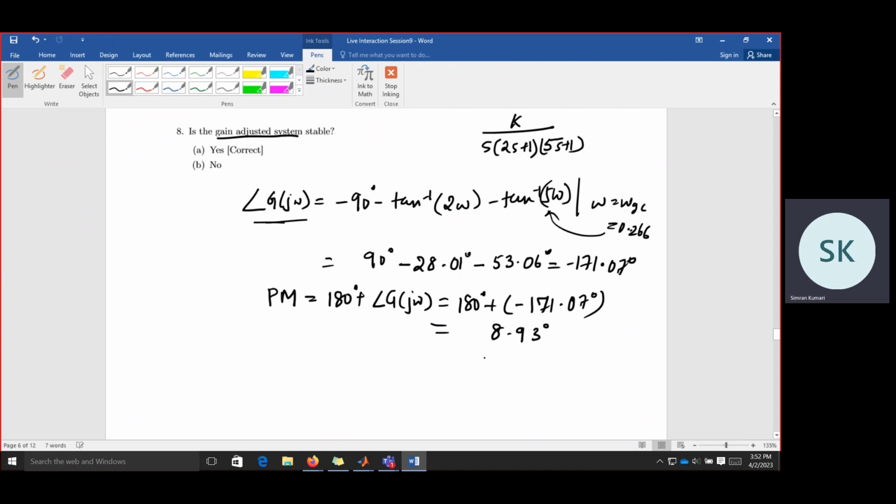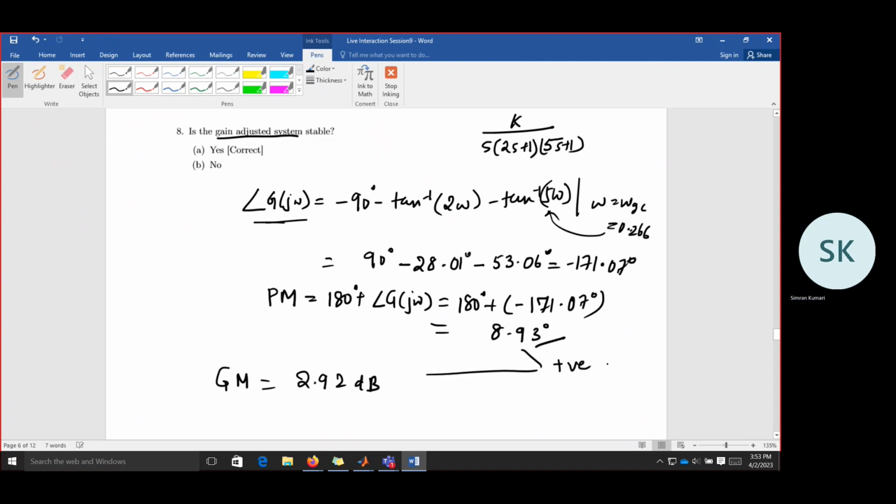This is the phase margin. So this is positive. Now we have to check gain margin also. So we'll just apply the gain margin formula. We'll get gain margin is 2.92. So these are positive. That means this system is stable.